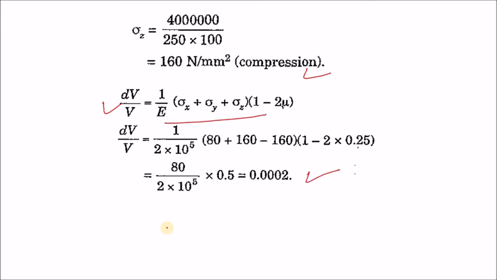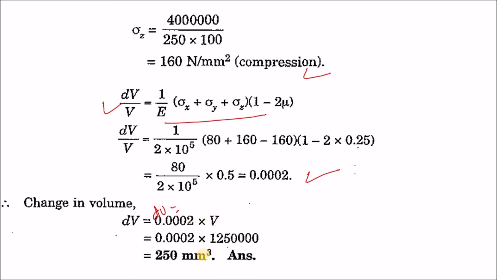We got this one. We can find out dV by multiplying by 5, just V. Okay, first part complete.